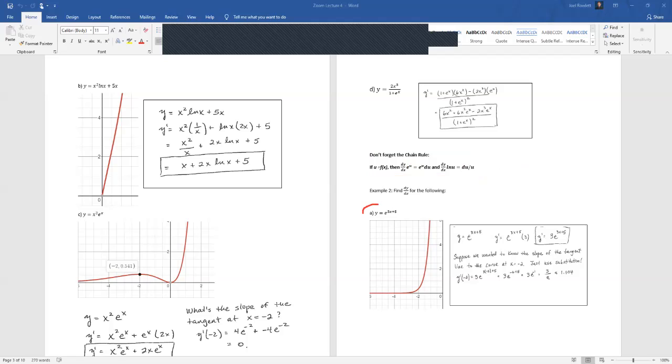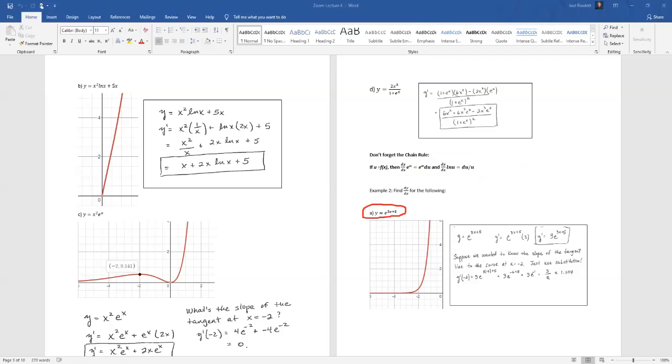Example 2, I have y is equal to e to the power of 3x plus 5. And here u is equal to a function other than x. So u is equal to 3x plus 5. And du, the derivative of u with respect to x, is just going to be the derivative of 3x is 3, and the derivative of 5 is 0.